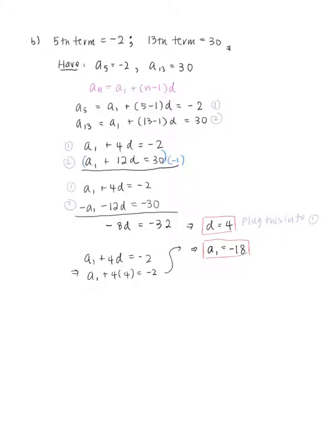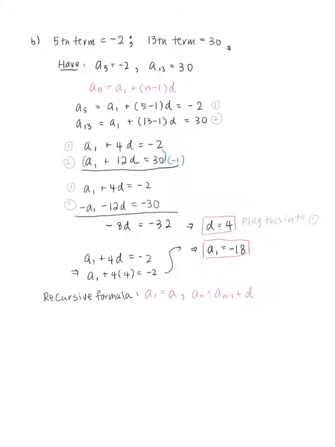And what is next again? Recursive formula. Alright, so let's go with the recursive. Now remember again, the formula is a sub 1 equals a, and then a sub n is a sub n minus 1 plus d.